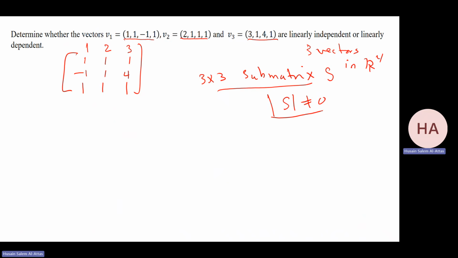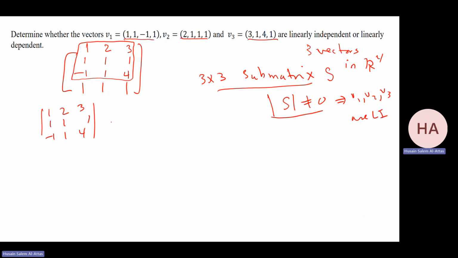If that happens, then right away V1, V2, V3 are linearly independent. You can have many cases, but I need a square matrix. I'll take this square matrix: 1, 1, 1, -1, 1, 4.